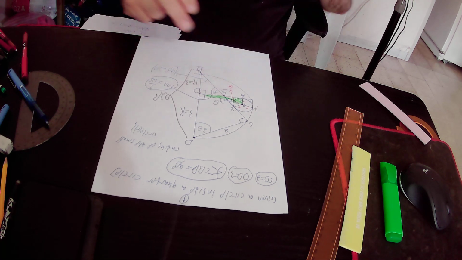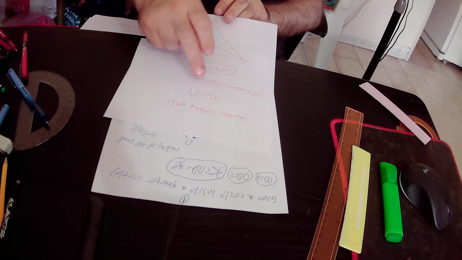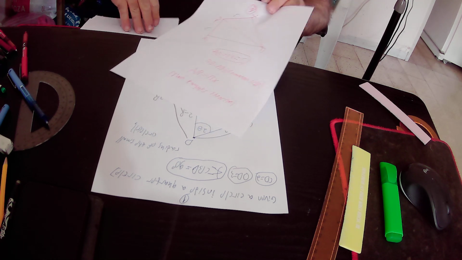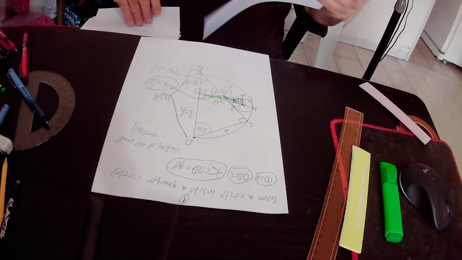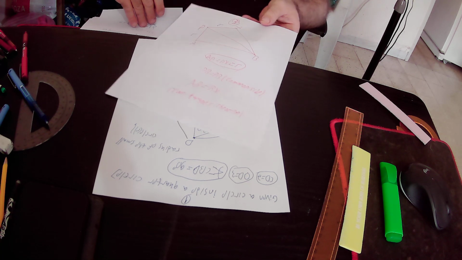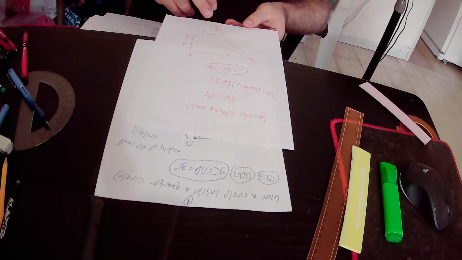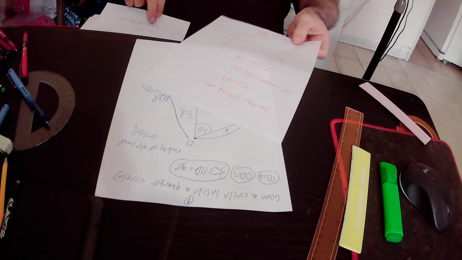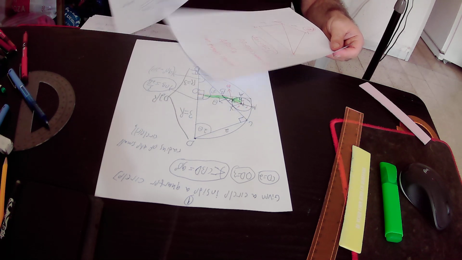That is to say, AB equals BX according to the two tangents theorem. Therefore, we actually proved that all the sides of triangle PBX are equal to all the sides of triangle APB. Therefore, those two triangles are congruent to each other according to the side rule.